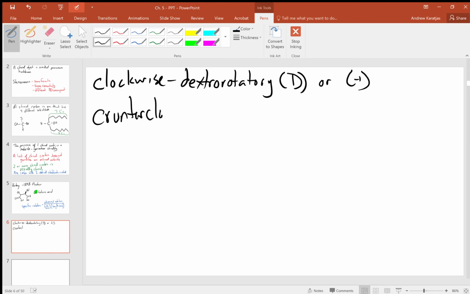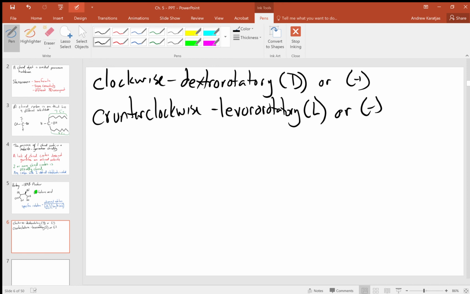If it rotated the light counterclockwise, that was referred to as levorotatory, and L, or minus. All right, so that was the end of the story for a little while.